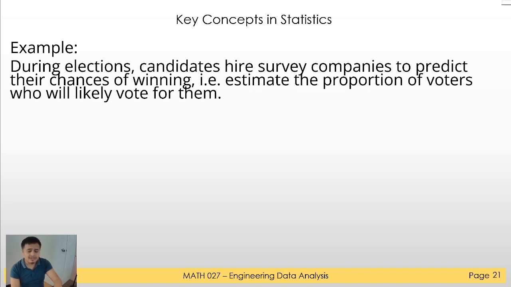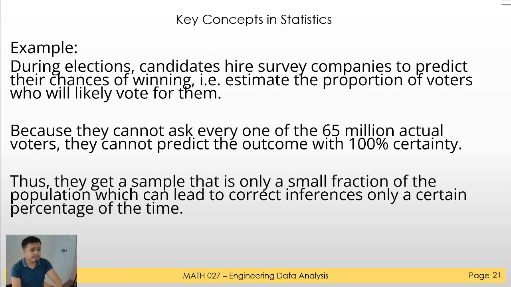In reality, you cannot ask everyone, but you can sample a few of them and make inferences about what the general public could be voting for. So it becomes feasible and easier to do.